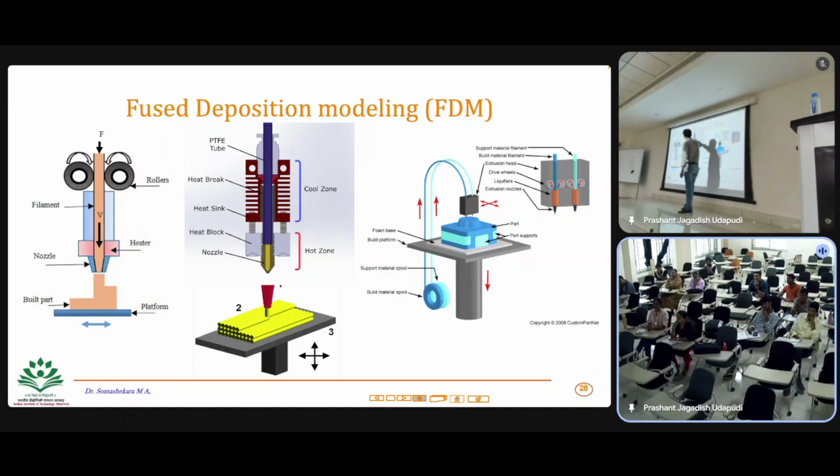So you need to make sure the printing temperature goes beyond the melting point of the respective material, and then you make it semi liquid or semi solid.